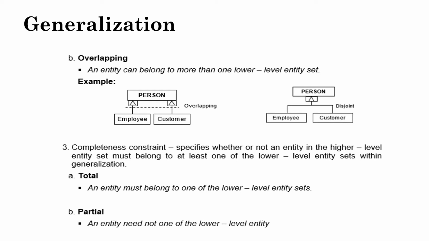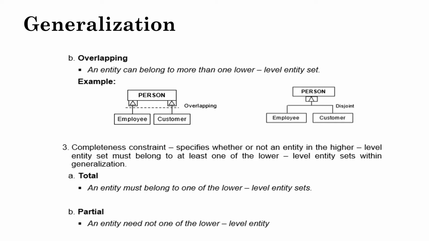We also have completeness constraints. A completeness constraint specifies whether or not an entity in the higher level entity set must belong to at least one of the lower level entity sets within the generalization. If we say total, an entity must belong to one of the lower level entity sets.